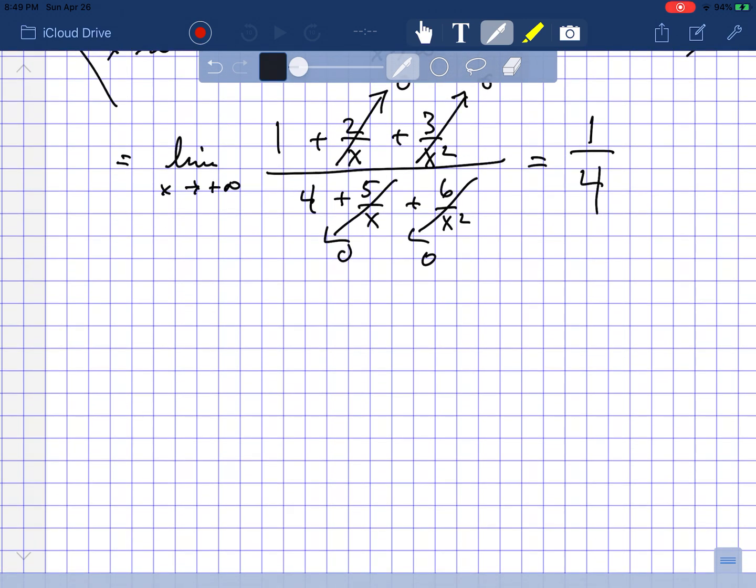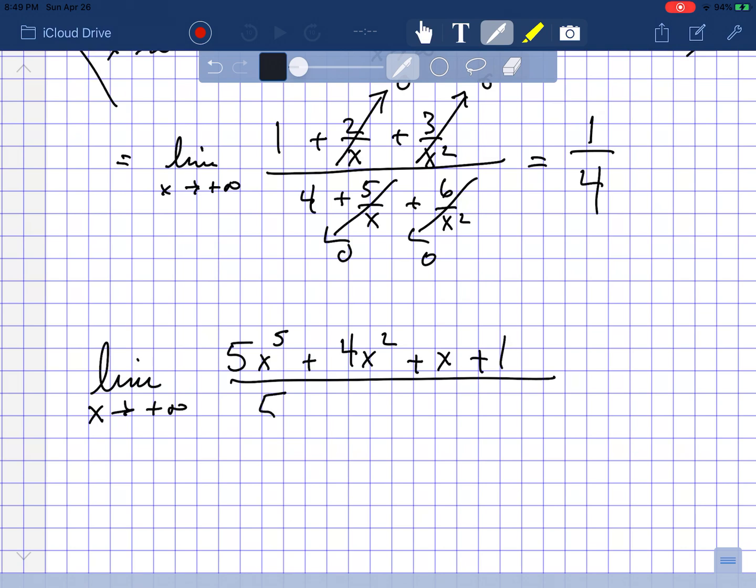Let's try another one. Let's look at the limit as x goes to plus infinity again of, let's make it something a little bit different, minus 7 x to the 5th plus x to the 4th plus x cubed plus 3.